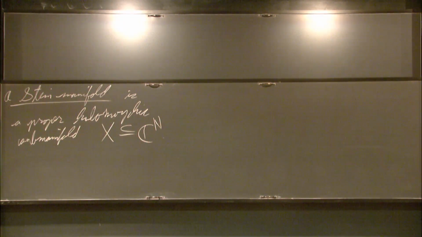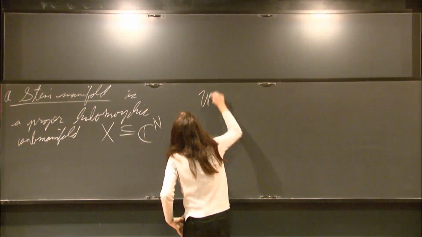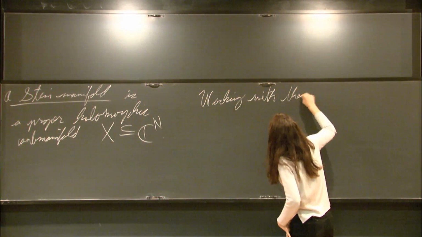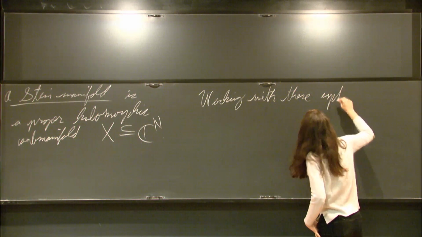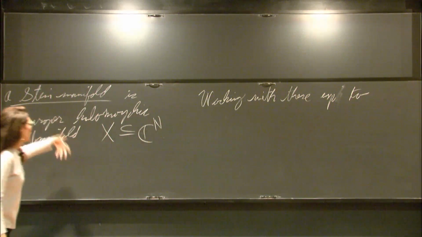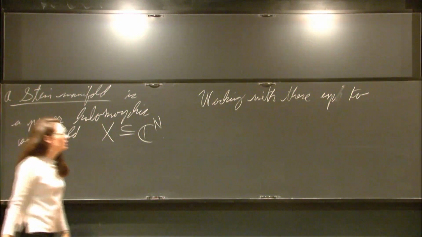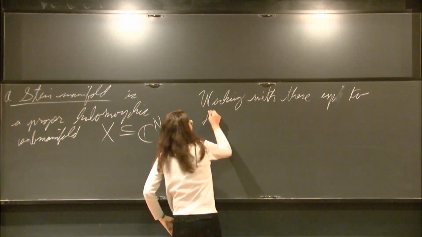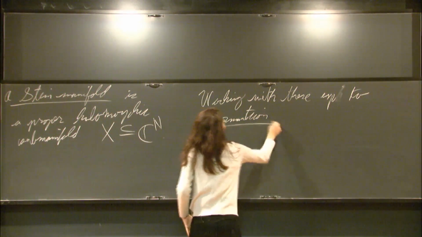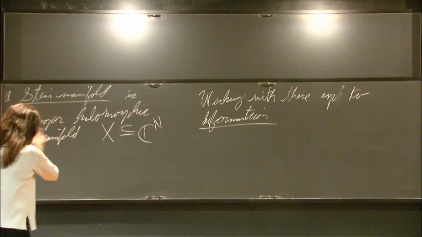Okay, but my equivalence relation on these things is going to be a bit unusual. I'm going to be working with these up to, rather than something more natural like up to biholomorphism, deformation.